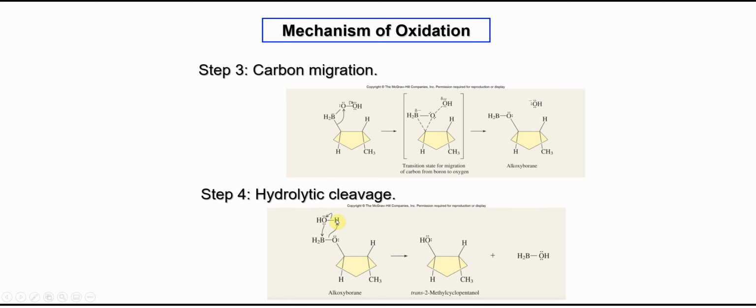The water molecule has a positively charged hydrogen end. That positively charged hydrogen end will be attracted by the oxygen from this alkoxyborane. So hydrogen bonds with oxygen to form a hydroxy group. You form an alcohol, and the oxygen boron bond will break up.